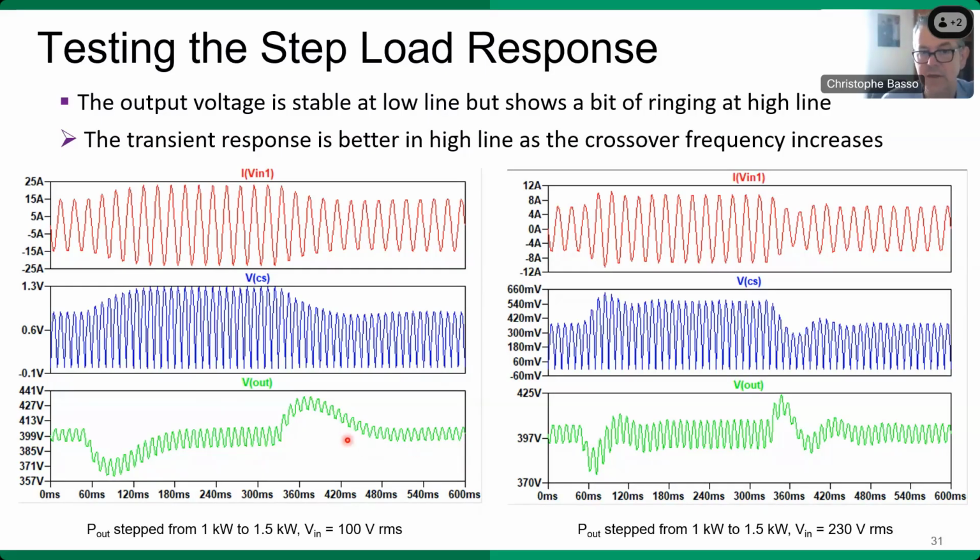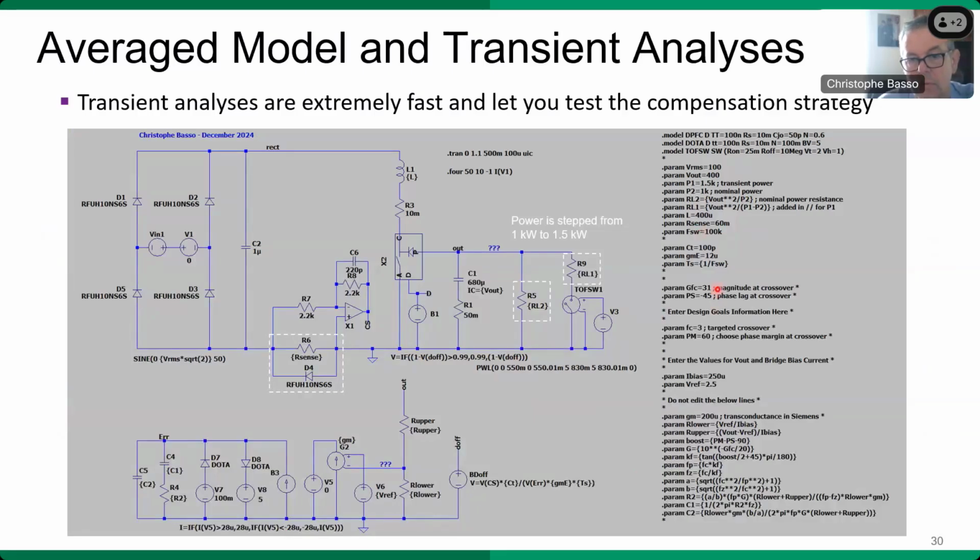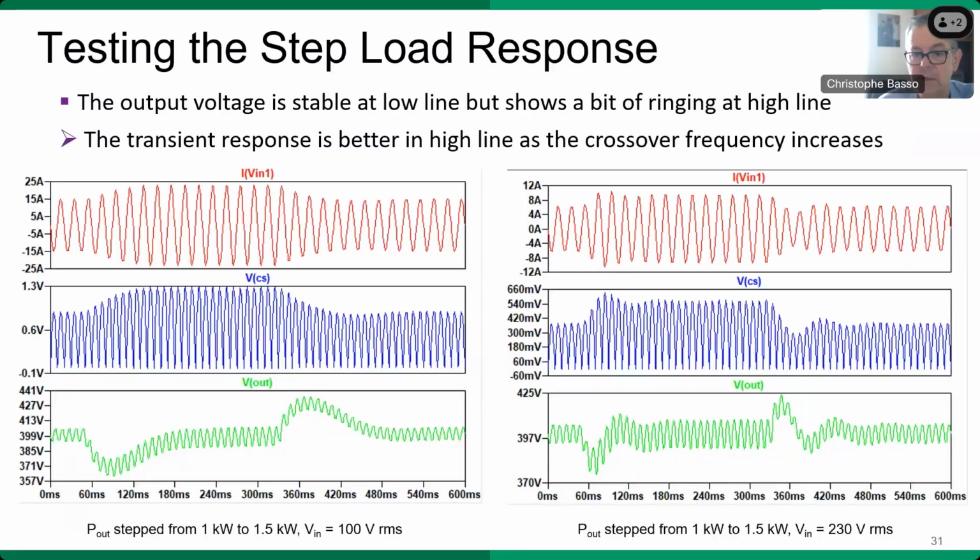But you can see it's fairly stable, which is cool. And you can explore the different scenarios here just by changing the component values. You could change the crossover frequency, which is here. You can put a different value, for instance, and immediately see the impact on the transient response.